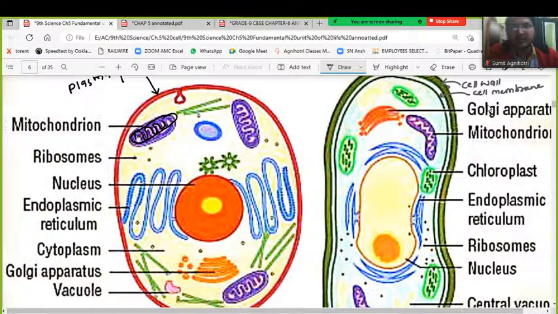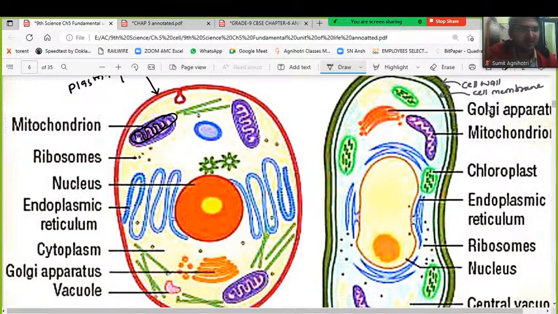After the cell wall there is a cell membrane as well, that is the plasma membrane, you can name it. Here we have the plasma membrane, cell membrane, then we have different organelles, we call them cell organelles, like mitochondria, ribosomes, these small particles. Then the nucleus is there, then nucleolus and endoplasmic reticulum, and cytoplasm and nucleoplasm inside the nucleus, Golgi apparatus like here, and vacuoles, small vacuoles.